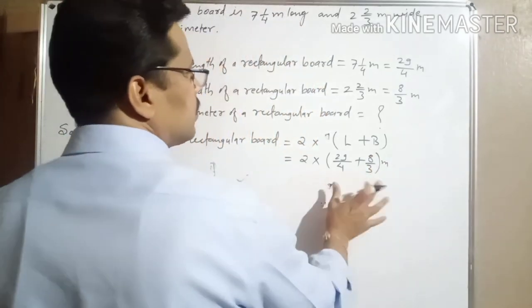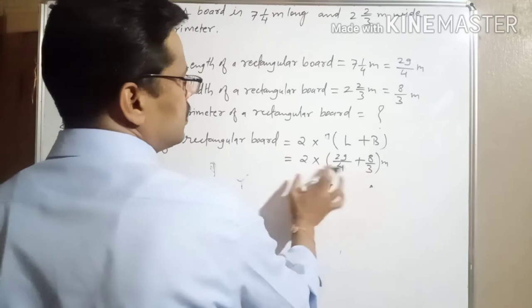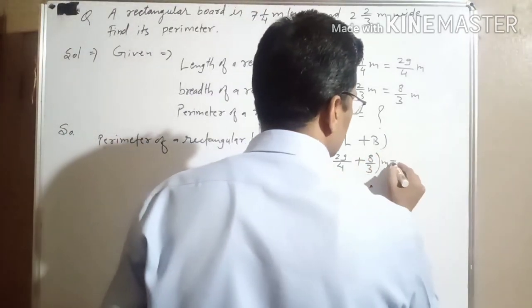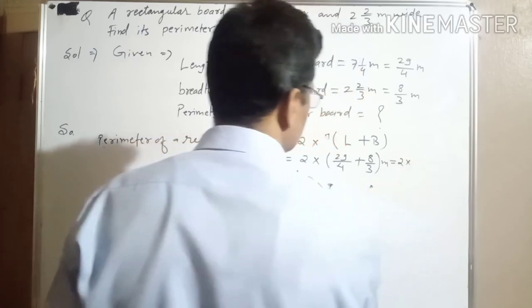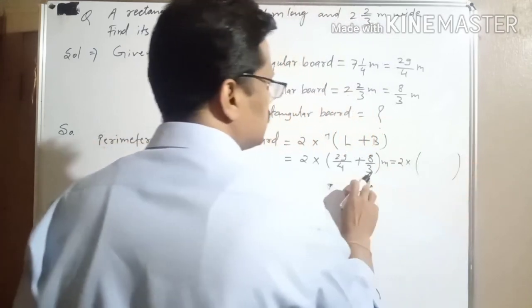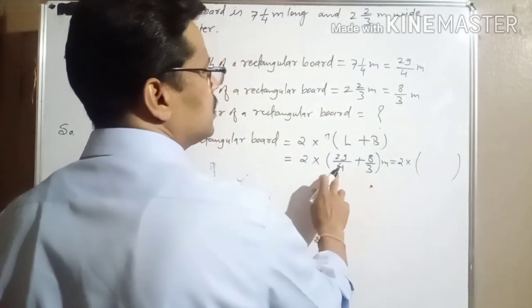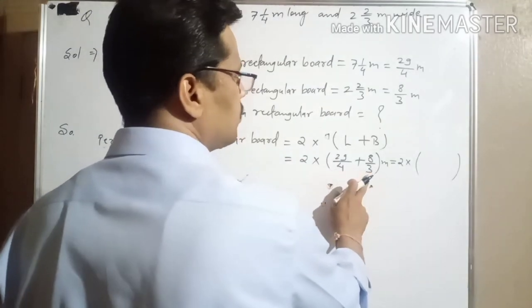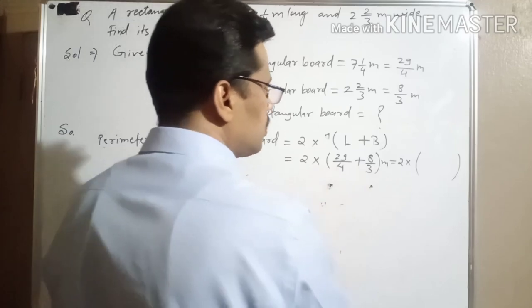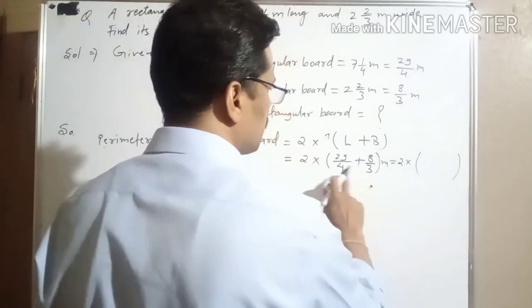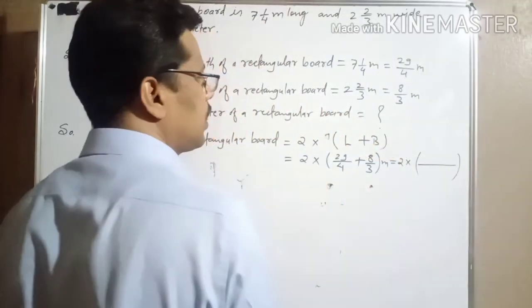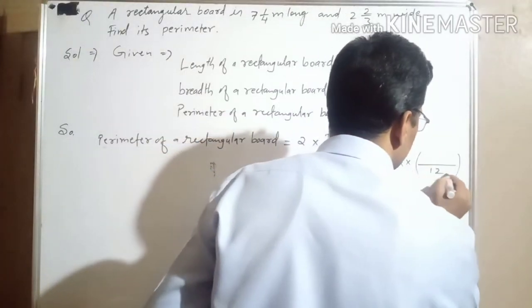Now first we have to solve the bracket. This 2 will come as it is. What is the LCM? Because this is a prime number and this is a composite number, whenever you get one prime number and the other composite number, directly you can multiply, so you get the answer. LCM. What is the LCM? Here 3 fours are 12. We write here 12.